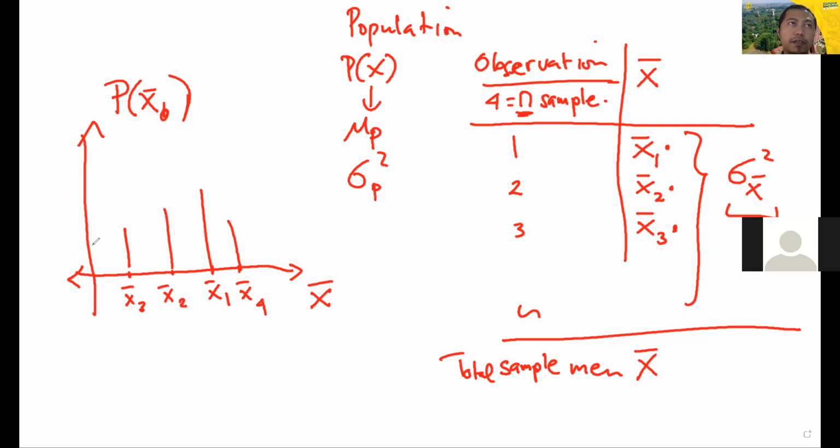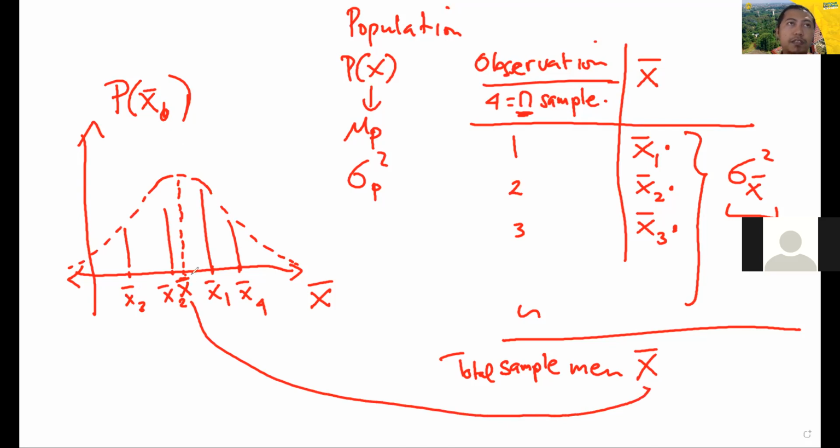For example, if we have a normal distribution for the sample mean, let's say this is X. This reflects how close the total sample mean is to the mean of the population, and how close it is is characterized by the standard deviation of the sample mean.